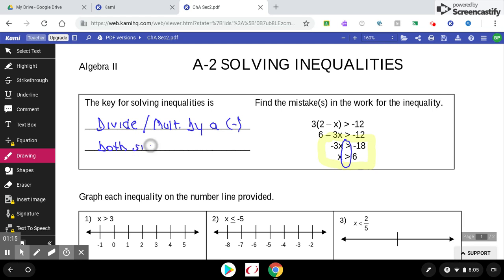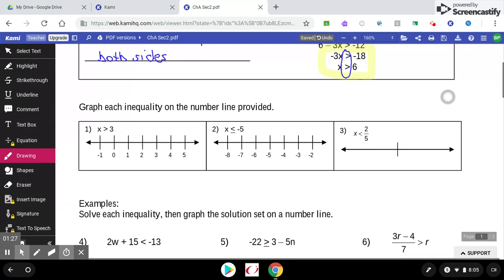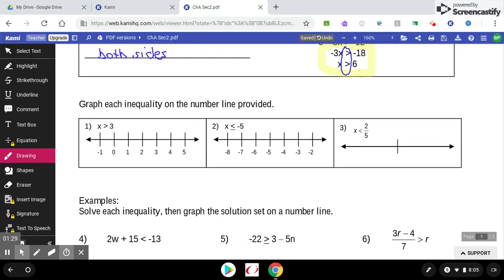On that particular problem, to get rid of that negative 3, you have to divide both sides by negative 3. Something to commit to memory, and hopefully you won't forget that. Now we're going to do a little warm-up with number line graphing, which is more important for Section 3, but you have to know how to do these. This sounds pretty easy, and I hope it will be good for quiz questions, some gimmies.